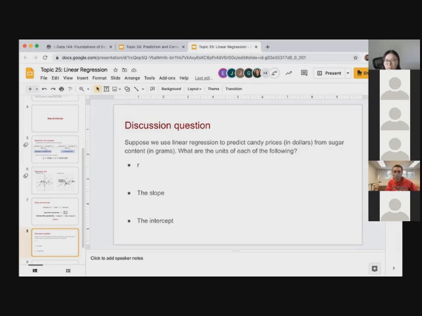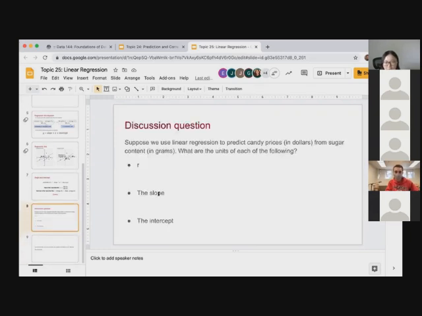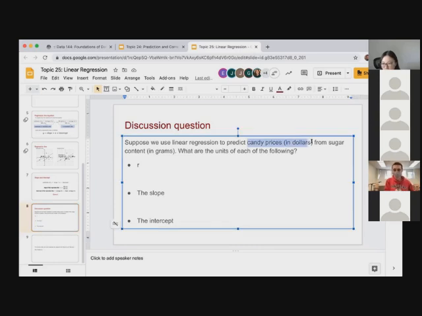Okay, let's talk about this first. I'm not sure if every group got the chance to discuss the discussion question, but maybe we can talk about this quickly first, and then come back to this line. What Sha was saying is that this discussion question is: suppose we use linear regression to predict the outcome, candy prices in dollars, from sugar content, in grams.